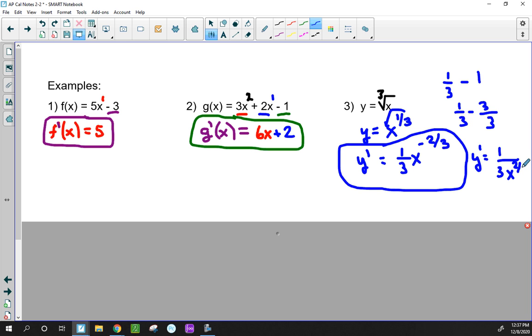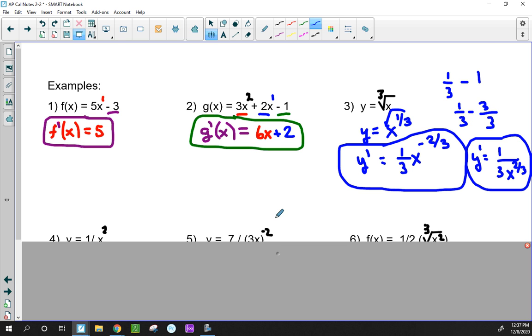So I will take either answer. You do need to be aware that both of them are obviously the same. And depending on the source of the assignment, sometimes they prefer it left with a negative power, and sometimes the answer key will write it in this format. Okay, so either one is fine.